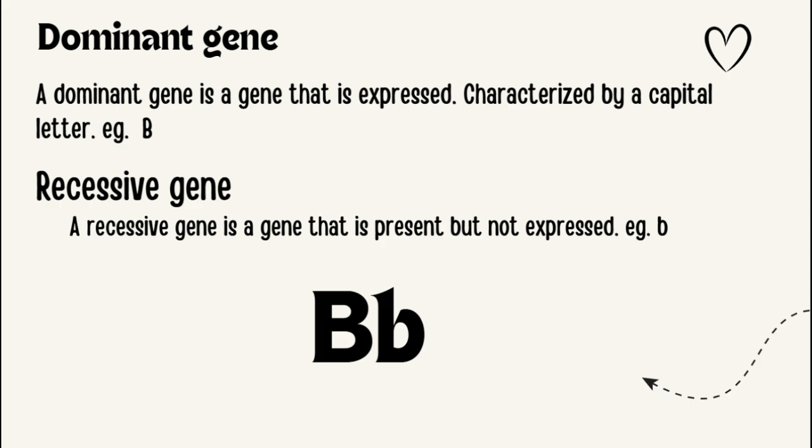So that is why in some situations certain things can skip generations and generations, and then 10 generations later, something that you thought had died out a long time ago shows up back in your great grandkids or something like that, right? So that's basically how the dominant and the recessive gene works.